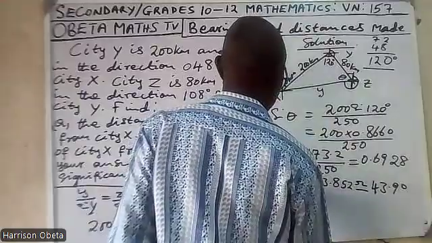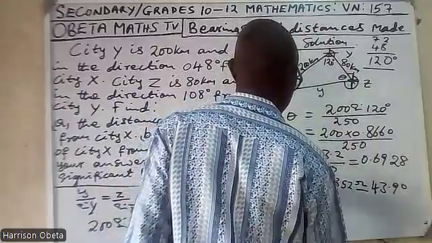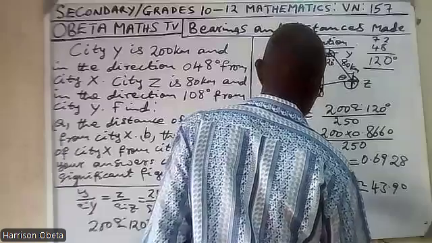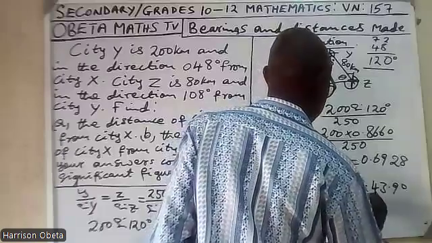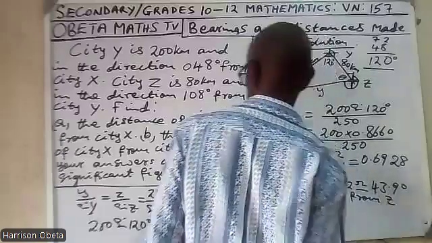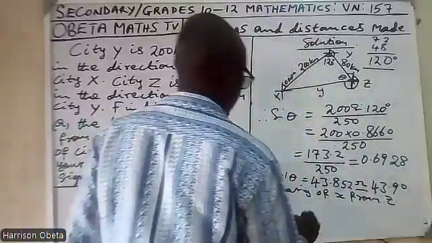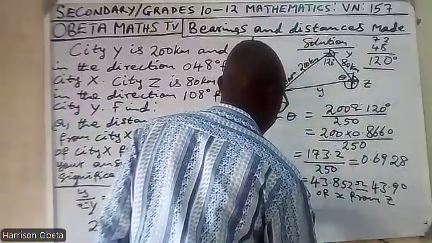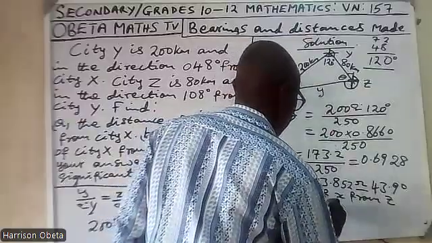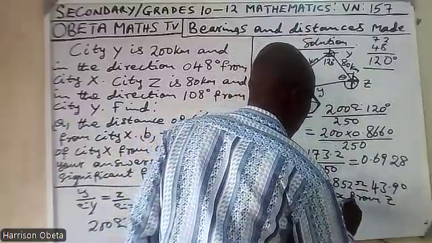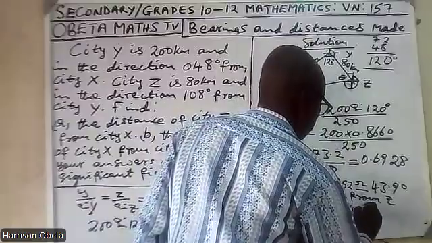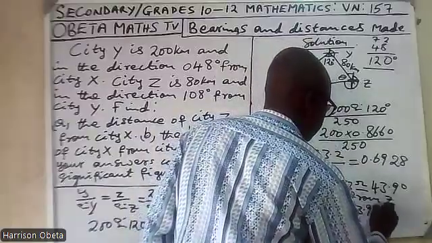Therefore, the bearing of x from z should be equal to 360 minus bracket 72 plus 43.9 degrees.